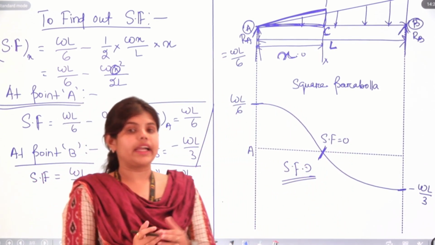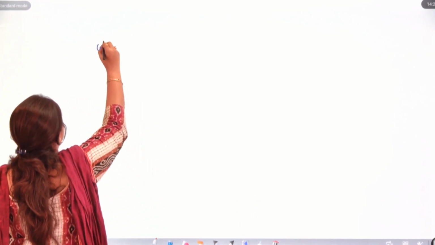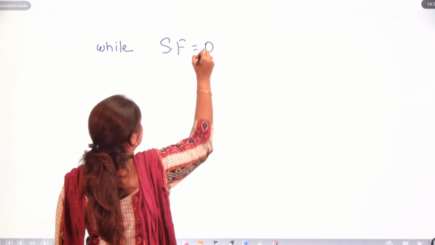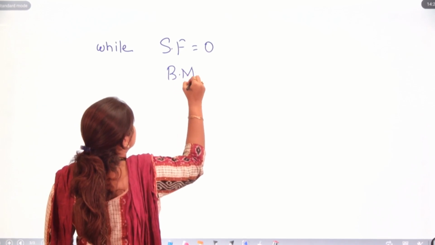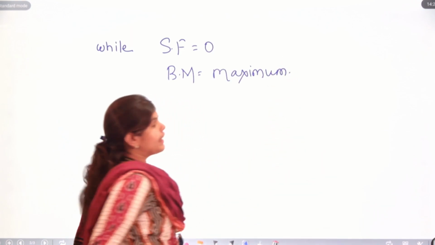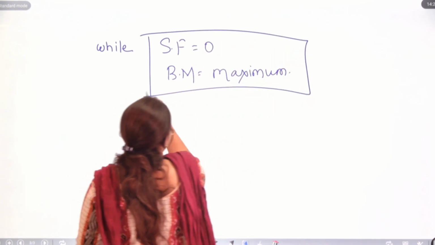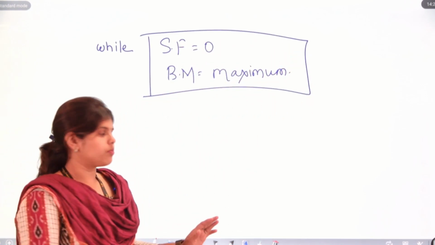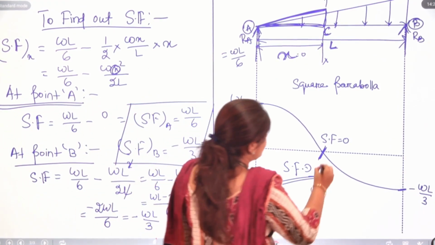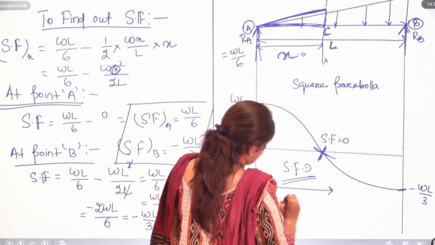There is one thing I need to tell you now: remember that while shear force is 0, bending moment is maximum. At any point in any structure, when shear force is 0, the bending moment is maximum. So at this point, we will have the maximum bending moment.